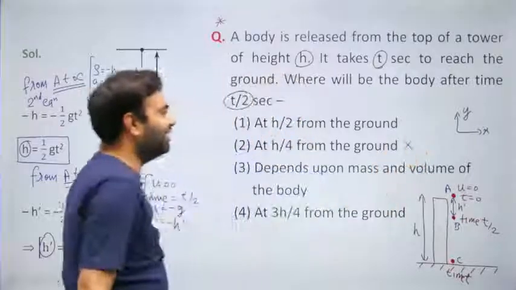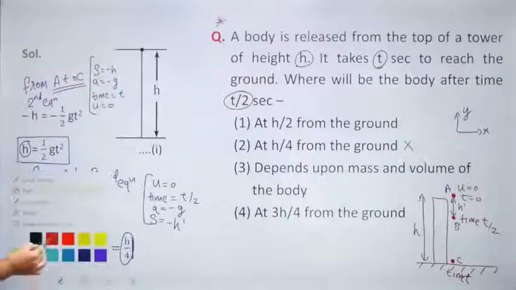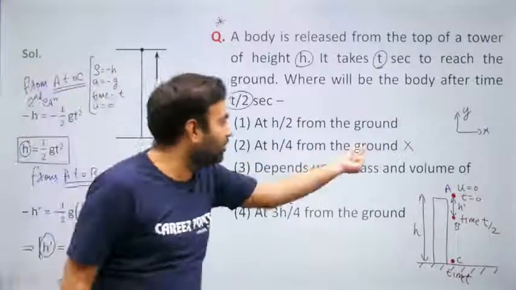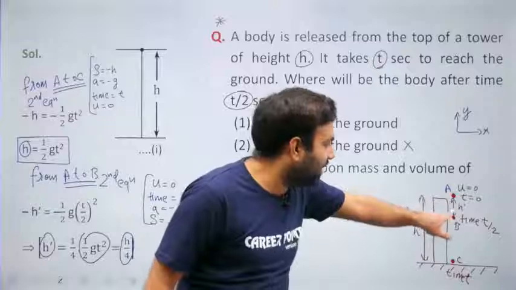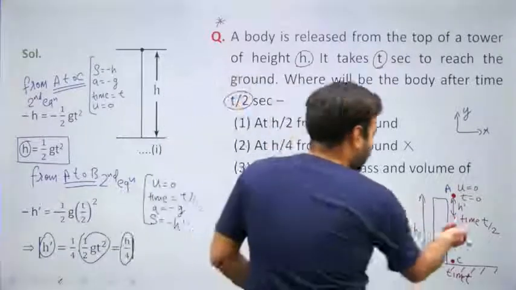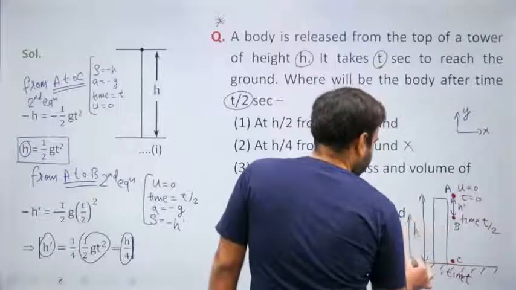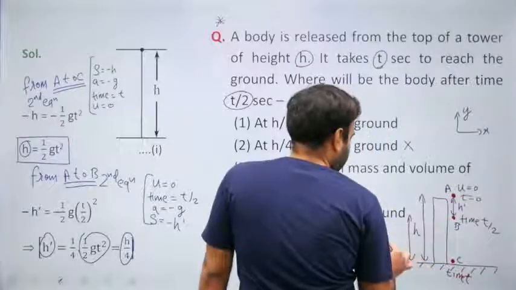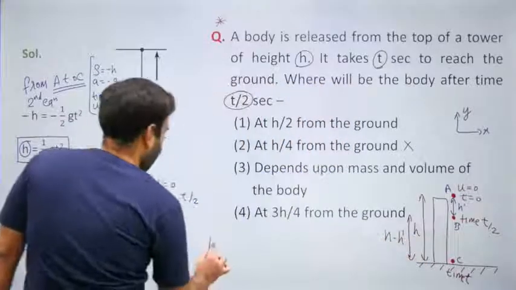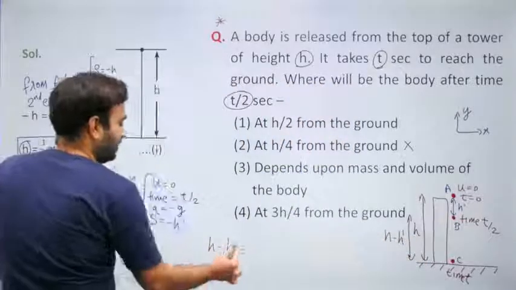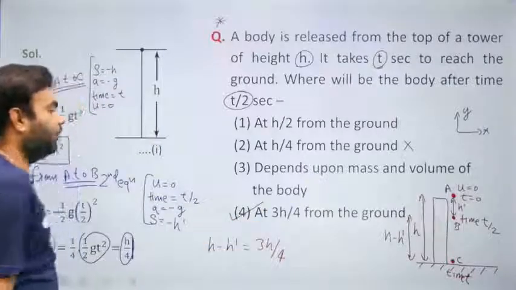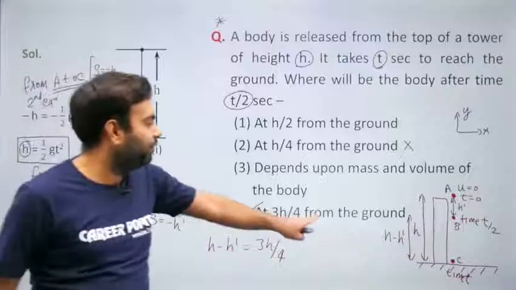No, option 2 is the incorrect answer. Why? Because it is asking the height from the ground, and this displacement is from the top of the tower. So the height from B to C is h minus h dash, which is h minus h by 4, that is 3h by 4. So the answer is option 4, 3h by 4 from the ground.